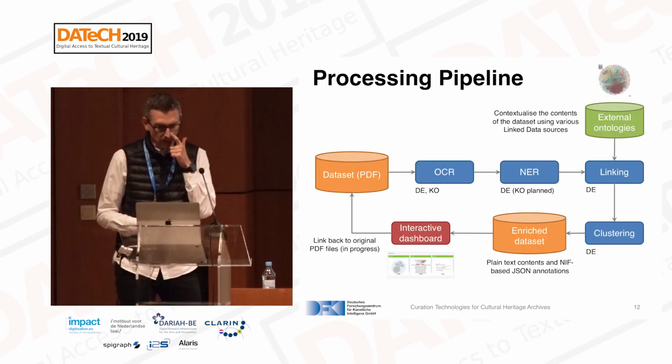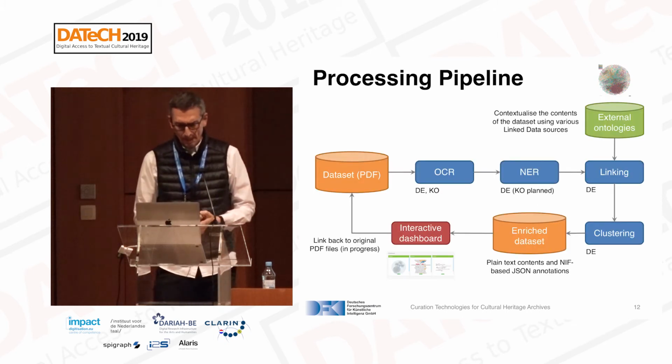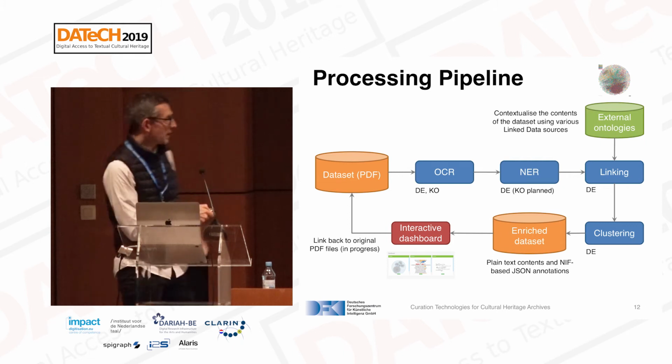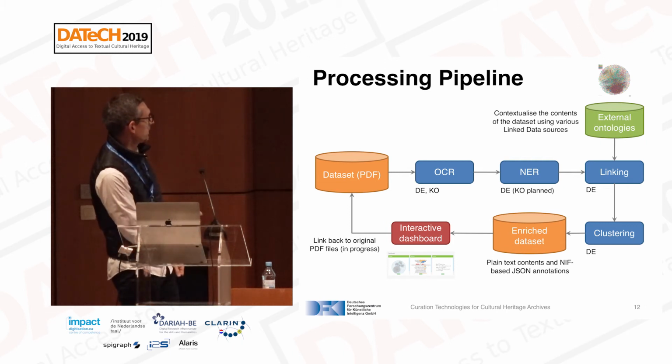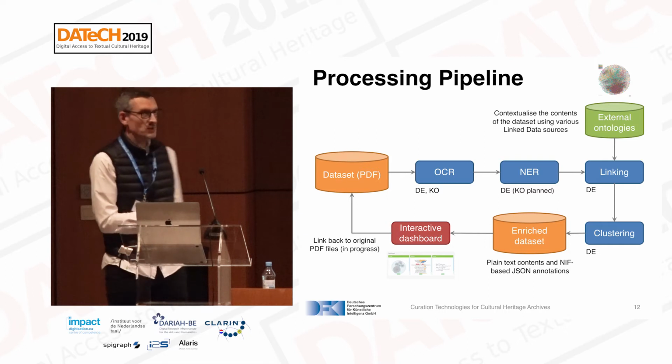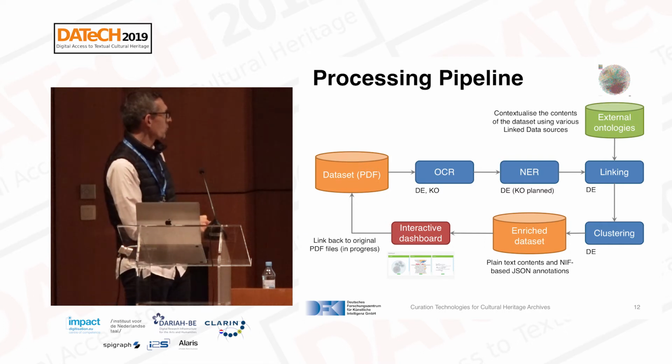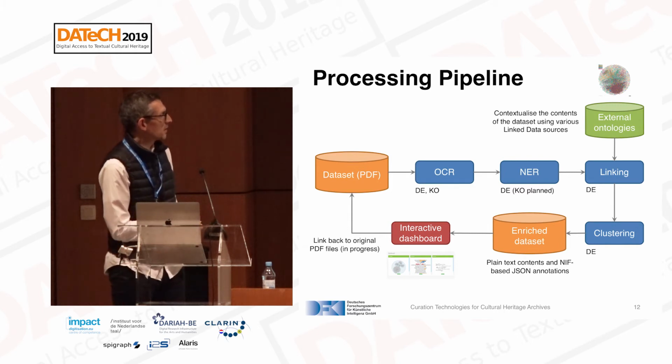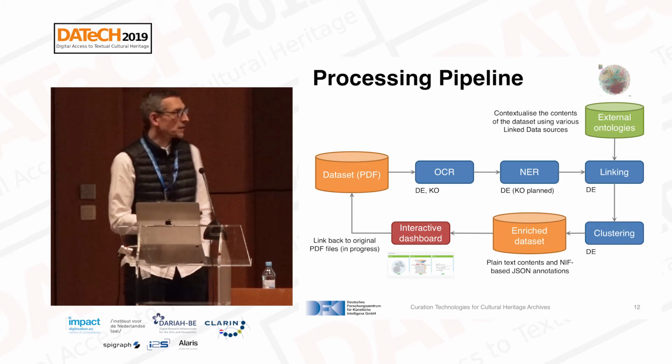Our pipeline is fairly standard. We start with the data set, the PDF files. We do OCR using Tesseract in German and Korean. NER in German only, I will tell you in a minute why. We do entity linking to external ontologies like DBpedia and other ontologies available in the linked open data cloud.